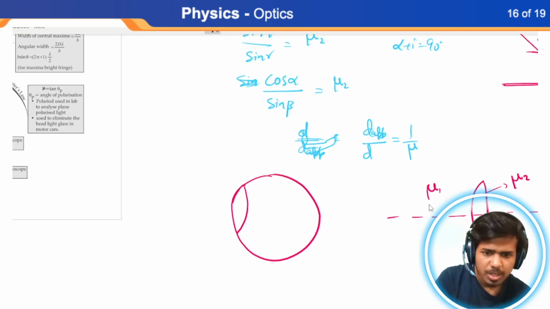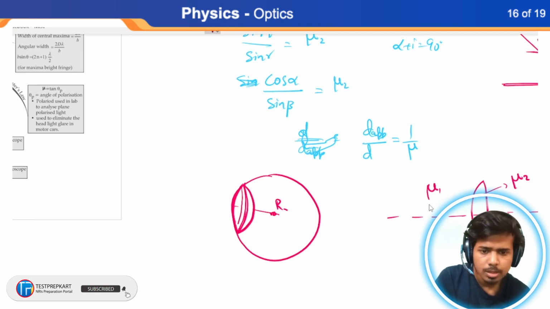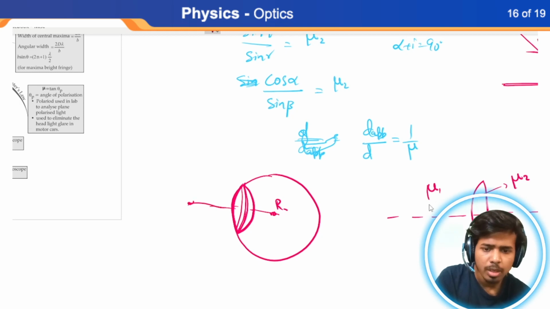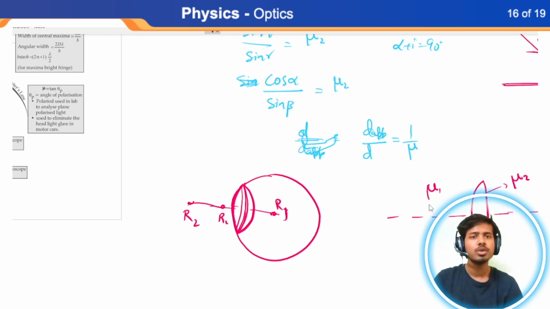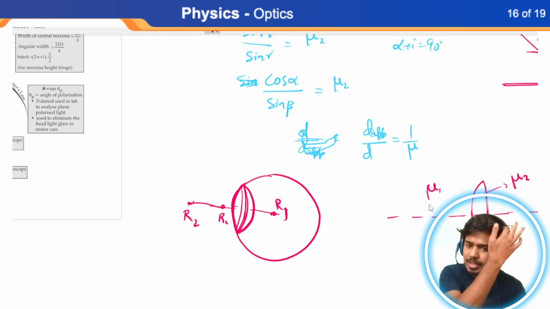Now this particular arc could have one radius r1, and this particular arc doesn't have to be the same radius, right? It could even be a bigger arc, a thinner arc, and based on that it could have several radii, even longer r2, even a shorter r2. So r1 and r2 could be different. This is exactly how one makes lenses.